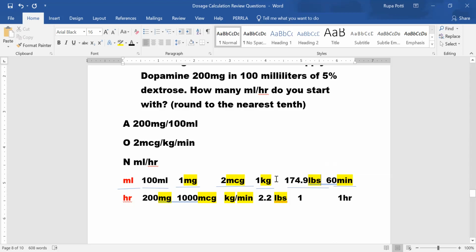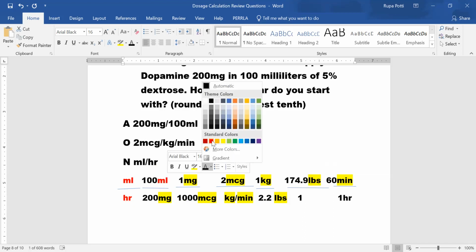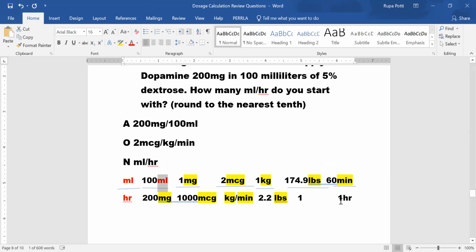Okay, so now you have canceled everything, and now you see whether whatever units are remaining is what you're looking for. So now you have ml which is remaining and you have hours which is remaining, right? So now you know that this is what you're looking for, ml per hour, and you have ml per hour. That means you laid your problem correctly.